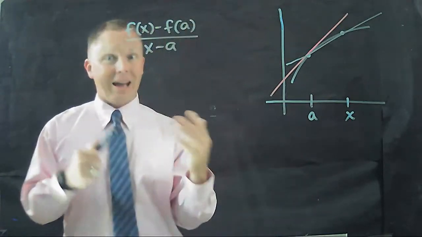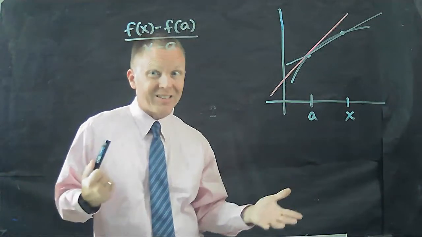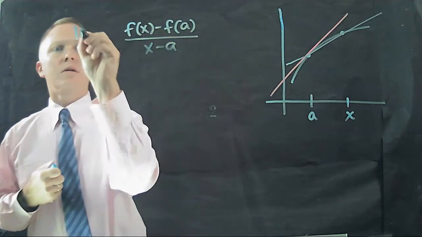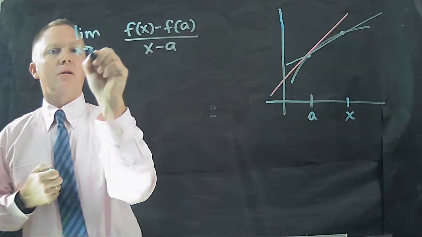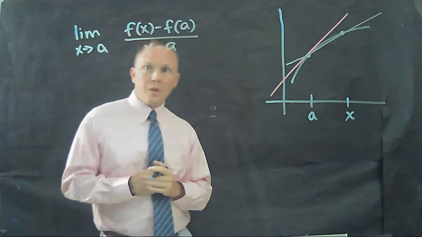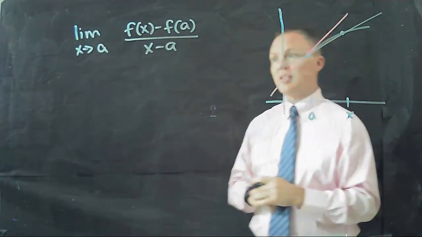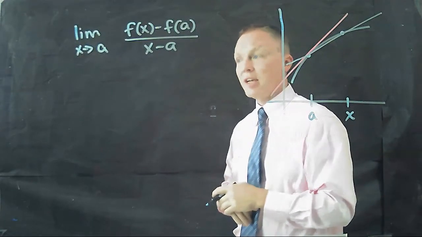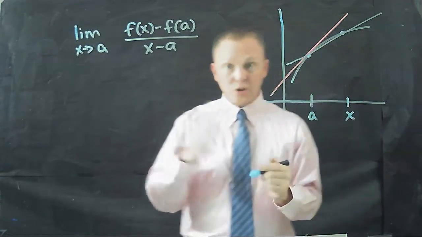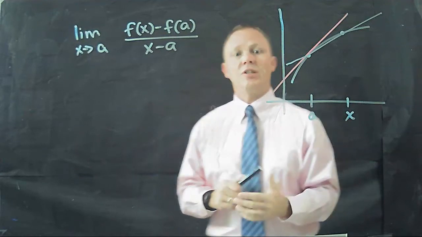How do we do that? With a limit. So this expression, the limit as x goes to a of f of x minus f of a over x minus a, is our first way of algebraically packaging this idea.